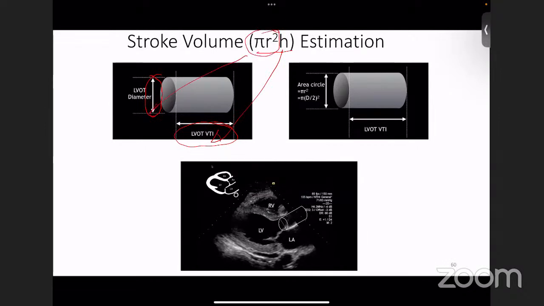and the pi r square can be calculated by calculating the diameter. So what you do is, first you get a proper parasternal long axis view, okay, and then you zoom the LVOT. Once you zoom the LVOT, you have to calculate the distance between the septum and the aortic valve annulus on either side, okay, at the systole, when the valves are totally open.